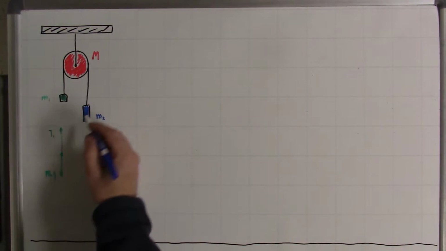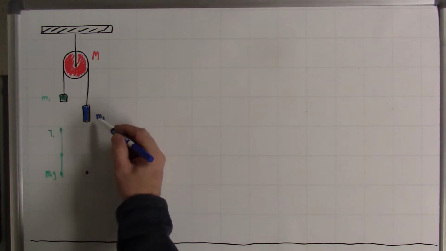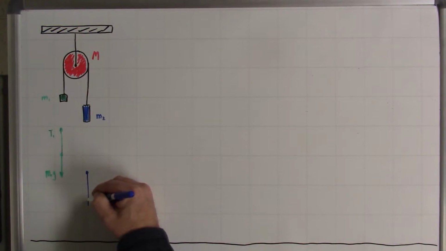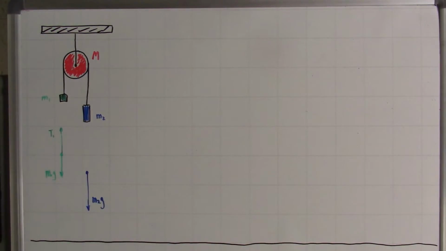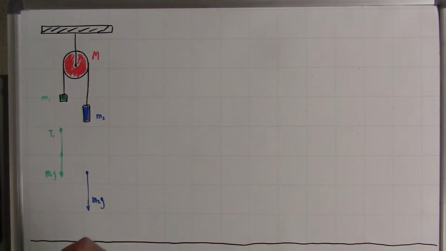If we draw a force diagram for this M2 here, obviously the M2G is bigger than M1G, so let's make it bigger. This is the Earth pulling it down, we'll call that M2G. And then what about the tension from string 2 here?